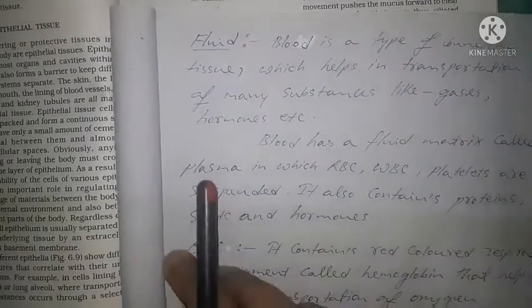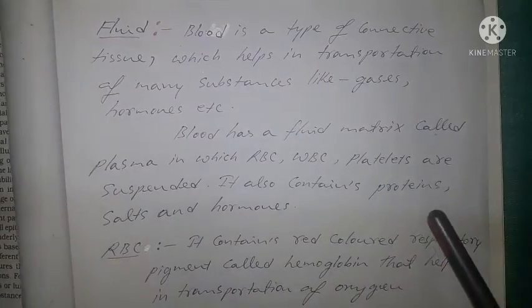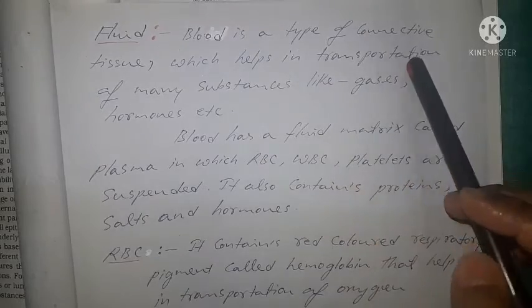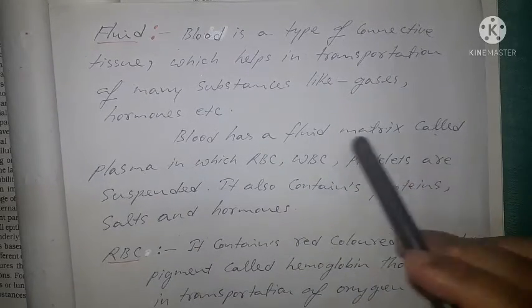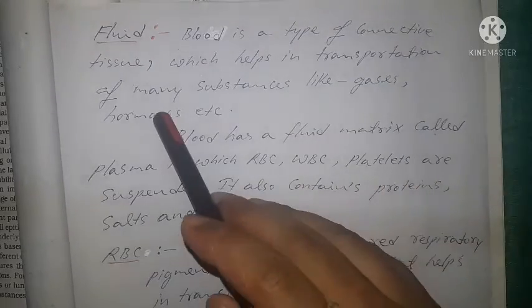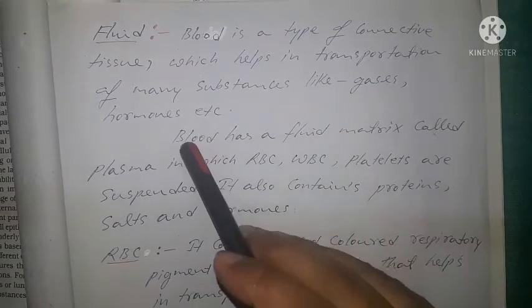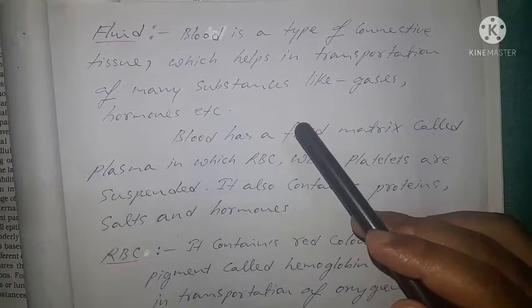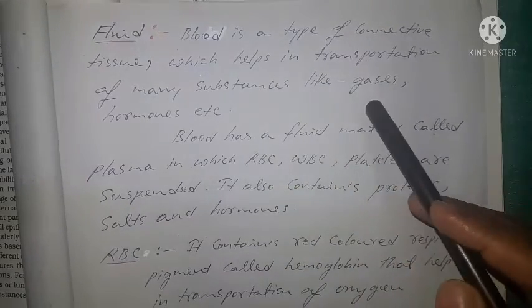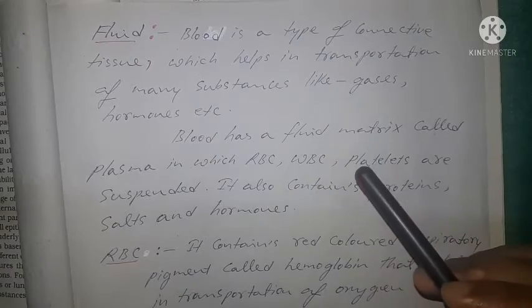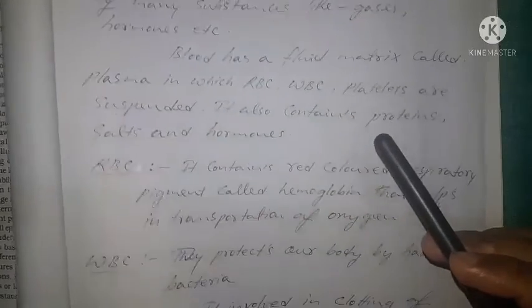The next one is fluid. Blood is a type of connective tissue, which helps in transportation of many substances like gases, hormones, etc. Blood helps in the transportation of all the substances in our body.